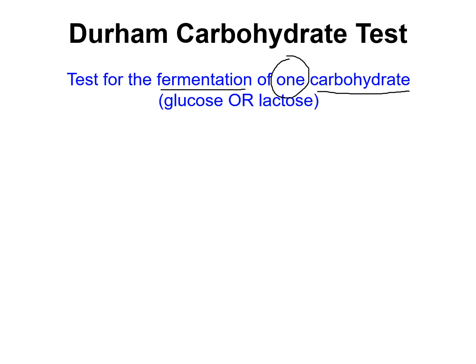Usually these tubes would only contain one type of sugar, let's say glucose, or it's going to contain lactose. Again, one sugar at a time. We usually do not add more than one sugar in this test. And this test will help you determine whether your bacteria can ferment glucose or whether it can ferment lactose.